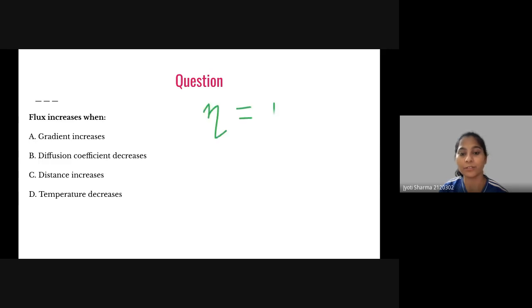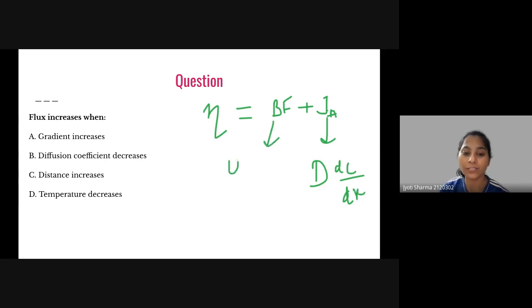That net flux is due to bulk flow and due to your diffusion flux. This diffusion flux is equal to the diffusion coefficient times dc by dx, and the bulk flow depends on velocity multiplied by concentration, right?